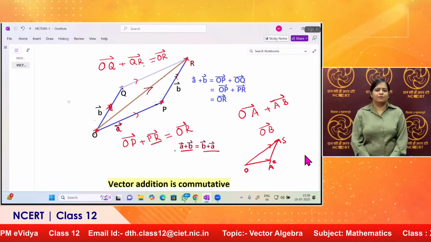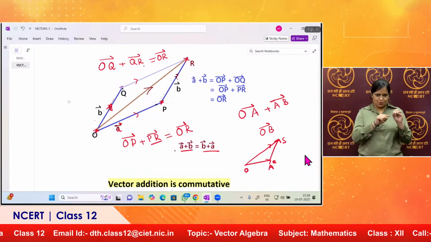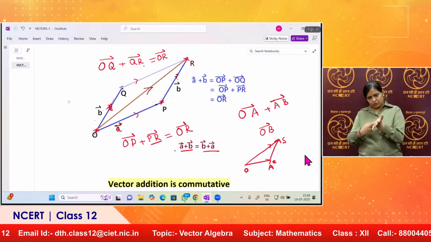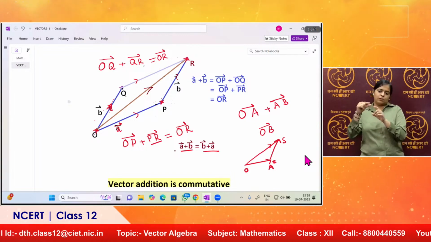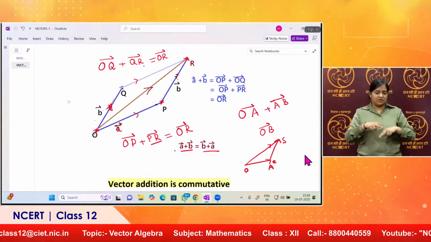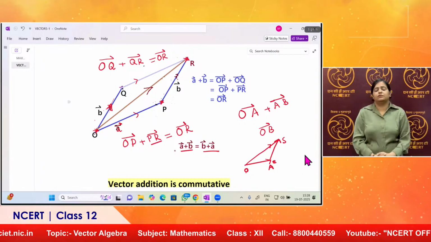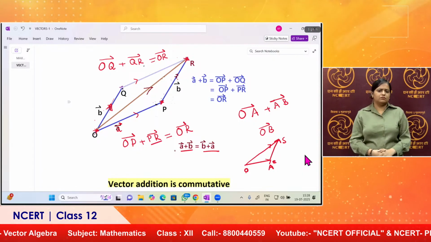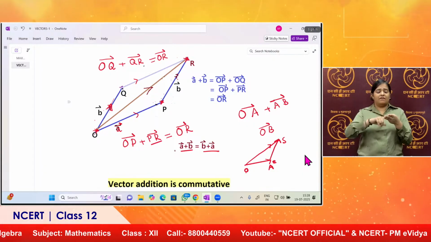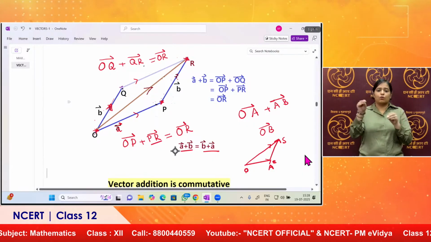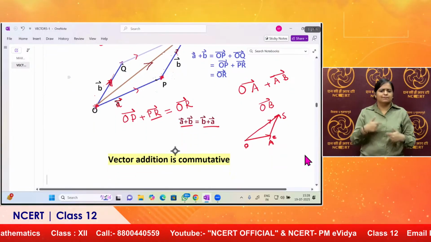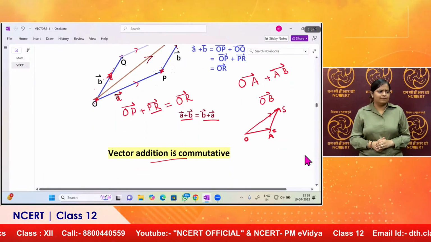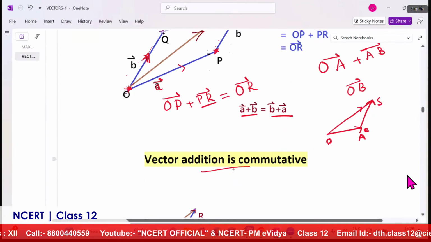Whether you take the path OQ to QR or OP to PR, the final terminal point will be R. So it doesn't make any difference which path is travelled. Hence vector addition is commutative. Is this fact now clear?